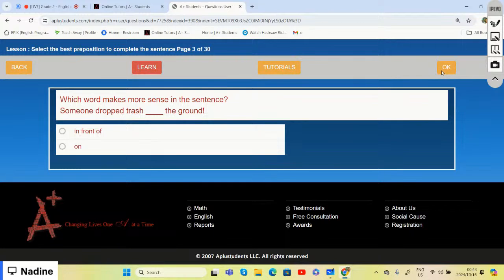The next one says, someone dropped trash. Do we say in front of the ground or on the ground? Which one is correct? In front of the ground, option one, or on the ground, option two?